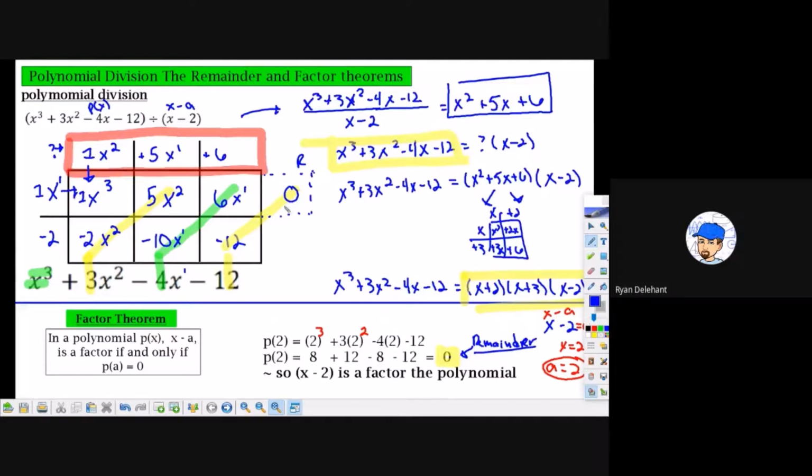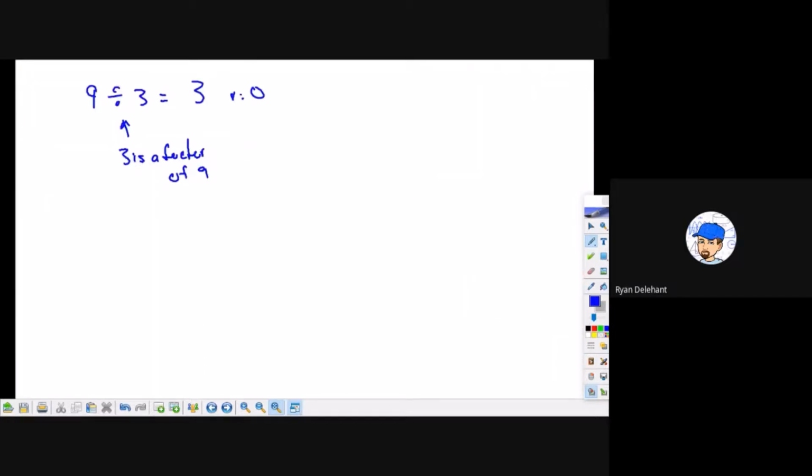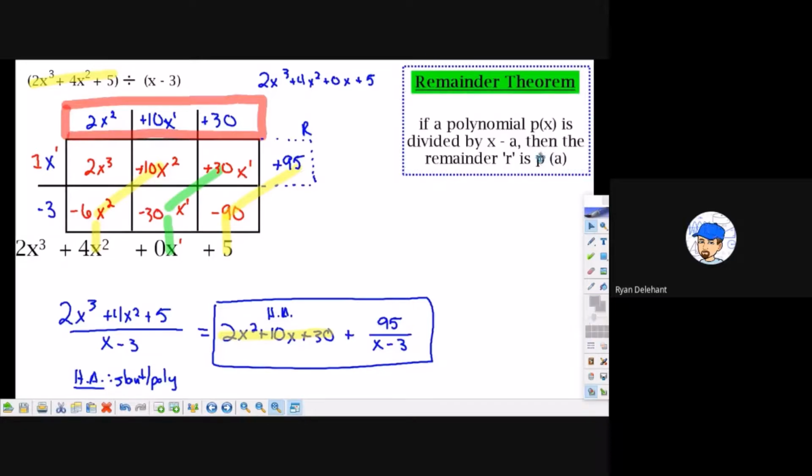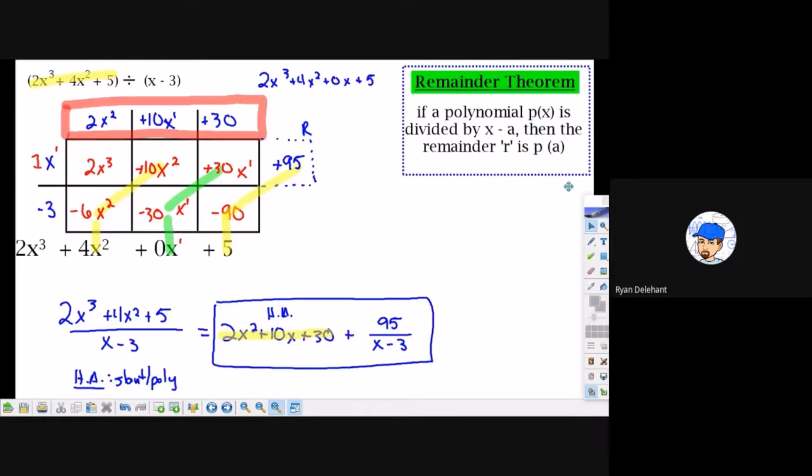It's the remainder I'm going to find. I get a remainder of 0. What happens with these ones that aren't factors? If we do the same process and we plug the numbers in, we're actually going to see what the remainder would be from the division.